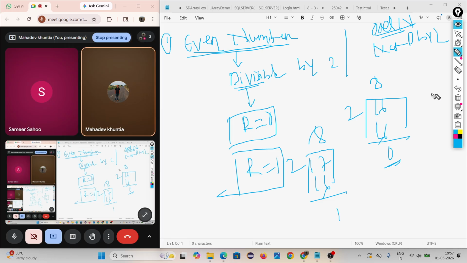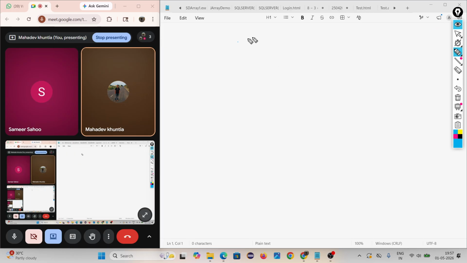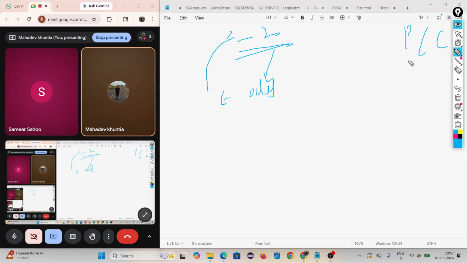Okay. Then the thing is, a negative number may be even or odd. Negative 2, is it even or odd? Even. Remember, for even and odd we consider negative numbers. For prime or composite, don't consider negative numbers. Okay?